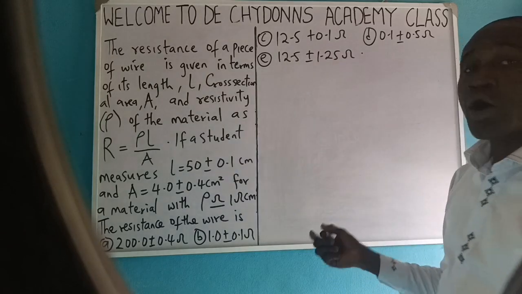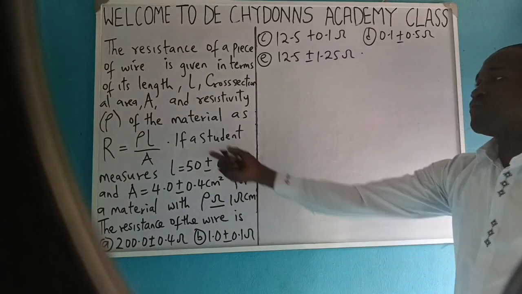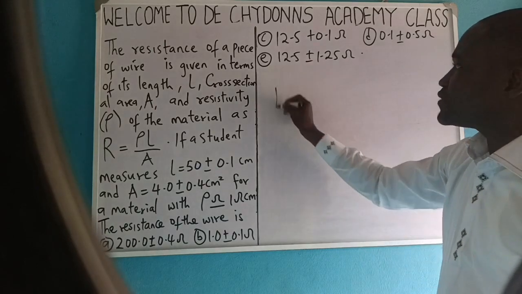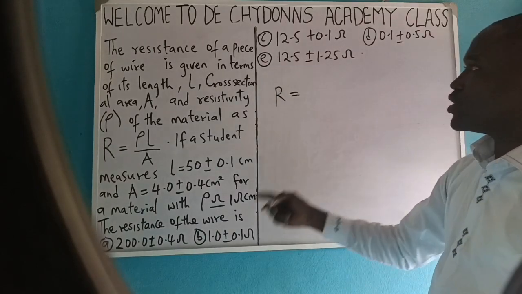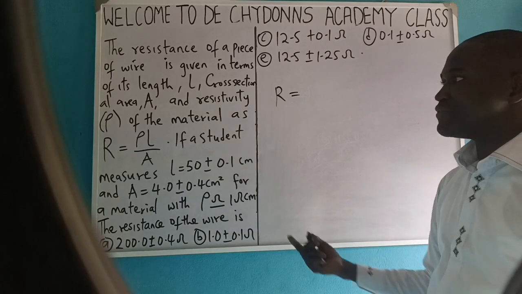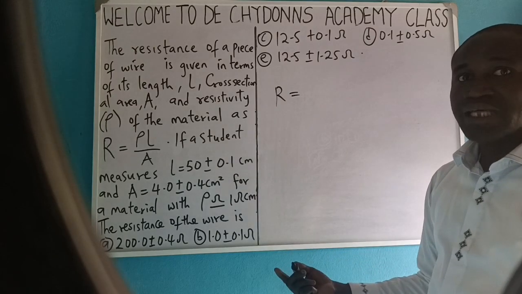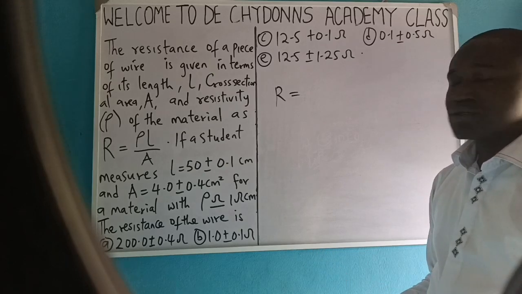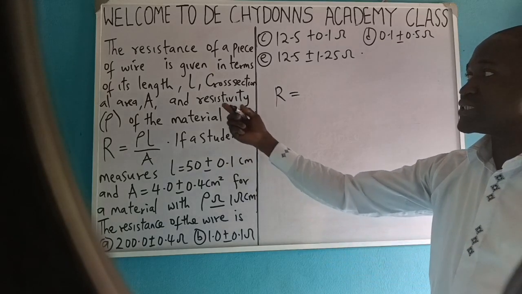And they give us options. They have given you the formula. First of all, use this formula, because the question is coming from the resistivity, resistance of a material. Still on the topic of resistivity.